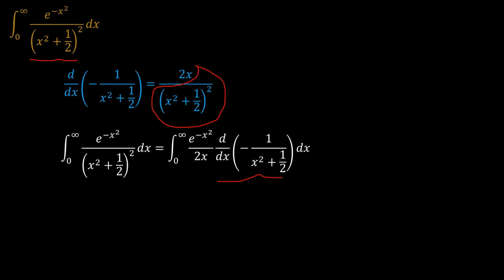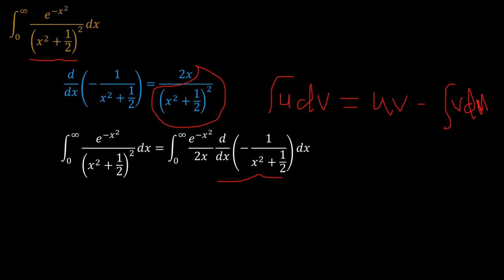And so this problem has rendered itself interesting, because now we can look at our problem as the integral of U dV being equal to UV minus the integral of V dU.